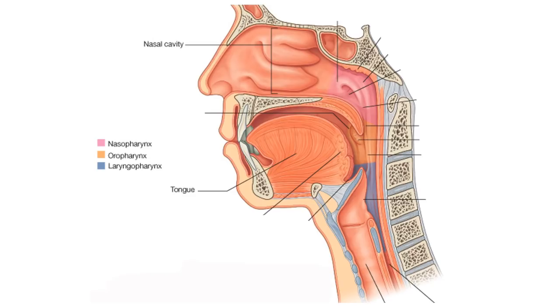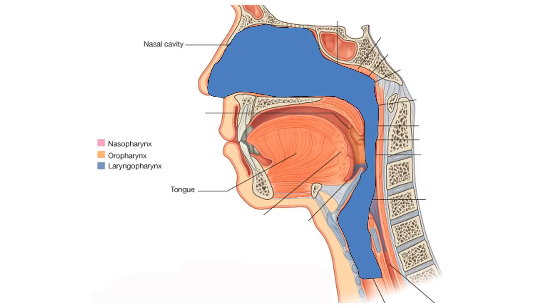So obviously, if you inhale air through your nasal cavity, the air will go down into your nasopharynx, into your oropharynx, down into your laryngeal inlet, and down ultimately into your trachea.